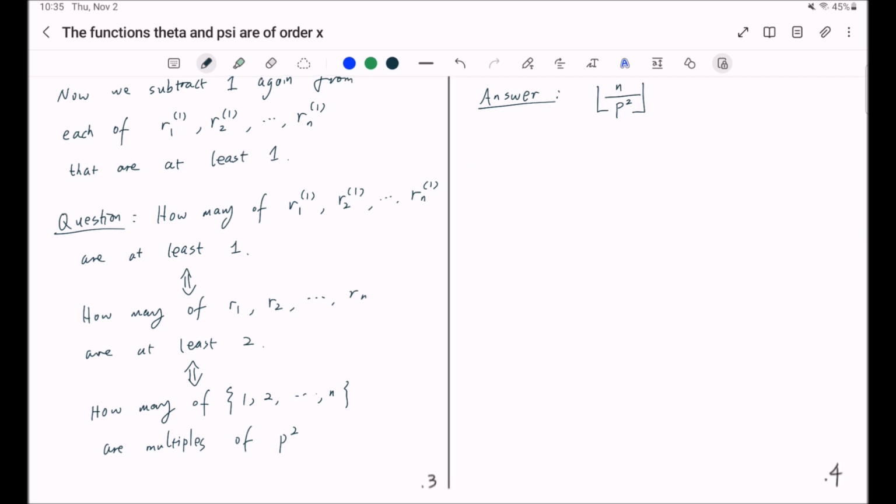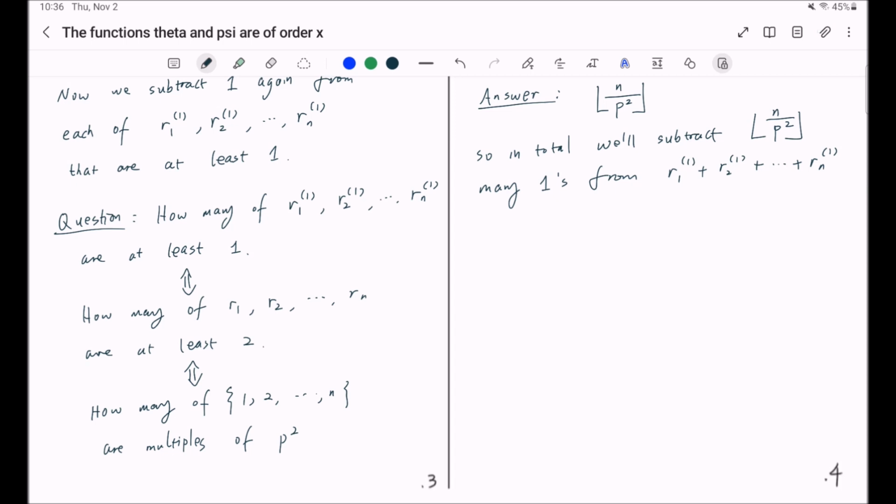So in total, we will subtract the floor of n divided by p squared many ones from the sum R1 1 plus R2 1 plus the Rn 1.